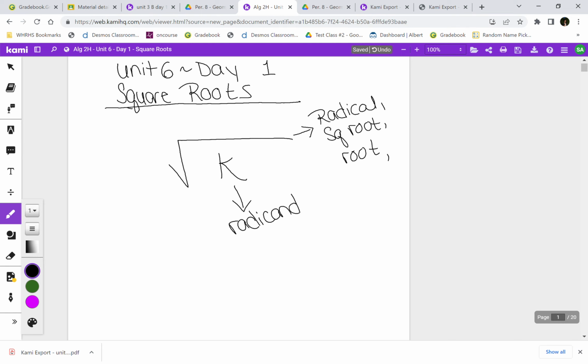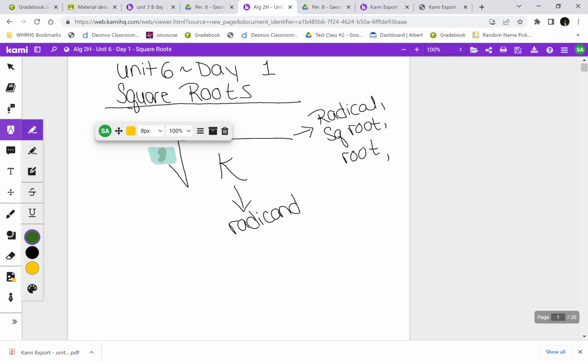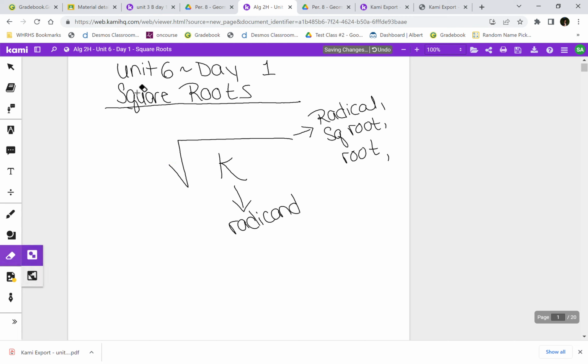And I'm pretty sure for the purpose of everything you've learned so far, there's never been any number here. Have you guys ever seen a number there in Algebra 1? Okay, yeah. So if there's no number there, it's implied that it is a 2. And what does that mean?